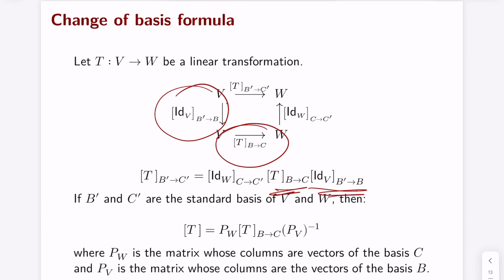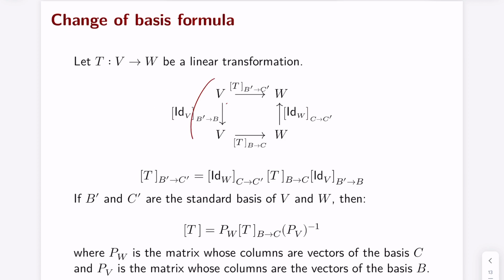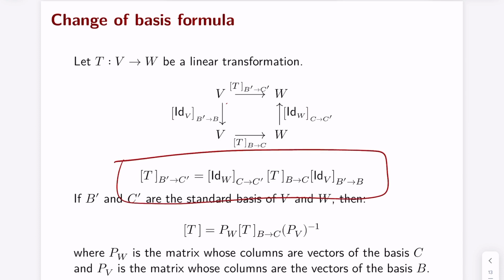That's the order in which we do composition of functions. So observe that this transformation here is the identity B prime B, and this transformation here is the identity C prime. So this is in general the formula, the multiplication of these three matrices gives that one. This is in general the formula for changes of bases.